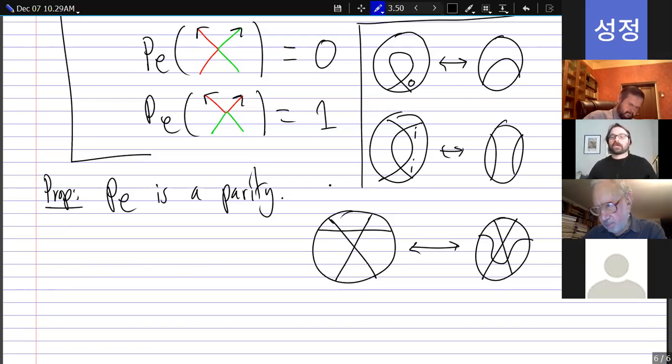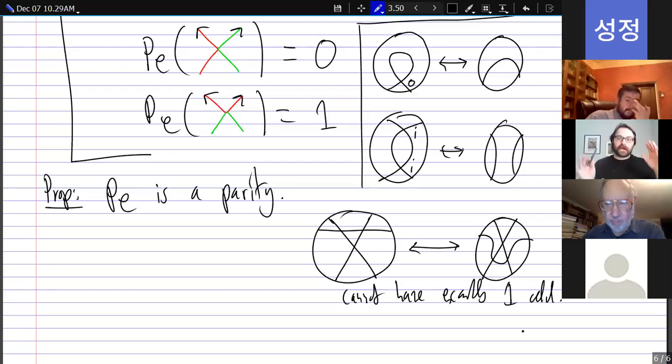Sorry, I've said that wrong at first. Those are the only three possibilities in a Reidemeister 3 move. So maybe I'll just write in words: you cannot have exactly one odd crossing. We rule that out.